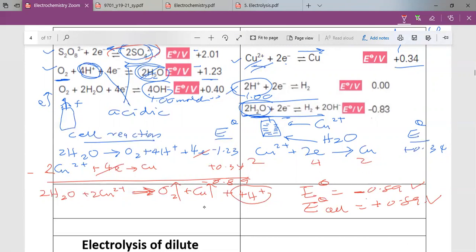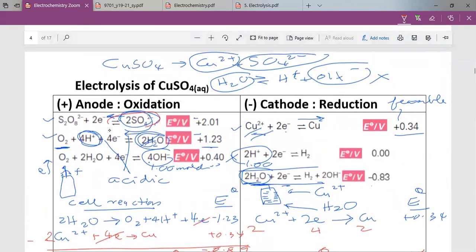Now, you can get this value again from your E cell. Remember, the EMF E cell will be E oxidation minus E reduction. So who is under oxidation? Of course, the anode. Anode, oxidation here, going backwards.